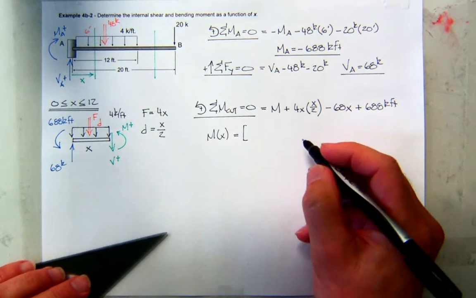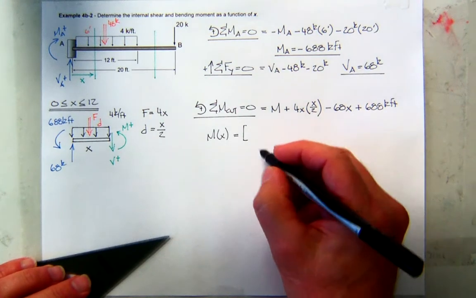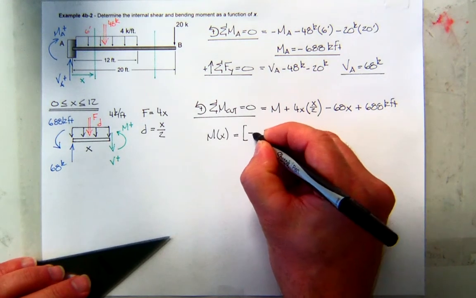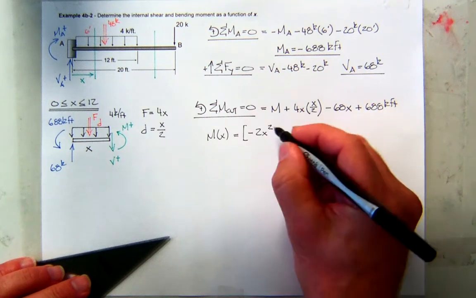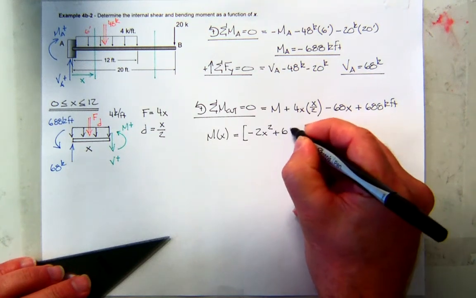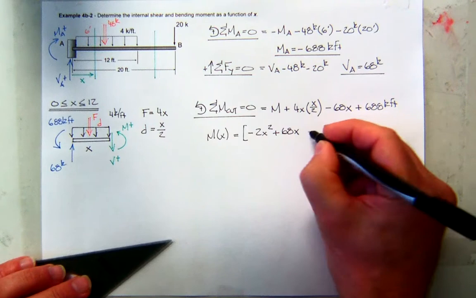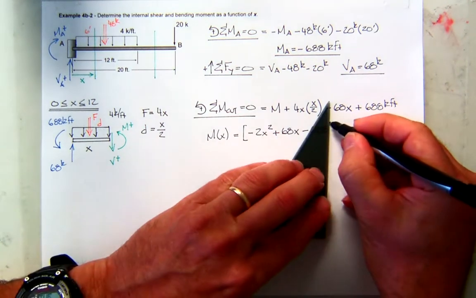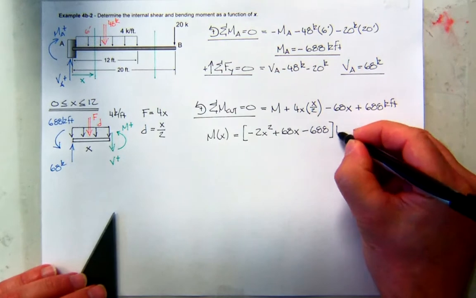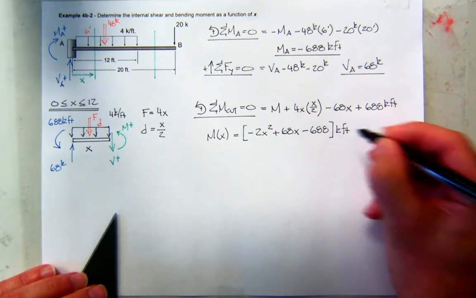So it looks like I'm going to get negative 2x squared plus 68x minus 688. And all those terms will have the units of kip feet.